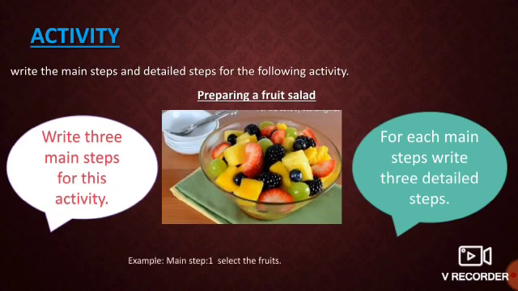For example, I have given main step 1, though you may give any answers: select the fruits, which we are going to add to the salad. Before doing this activity, first write down the steps for how to prepare a fruit salad, then find out the main steps, and then arrange the remaining steps under the main steps. Write 3 main steps and 3 detailed steps for each. That is enough, totally 9 steps.